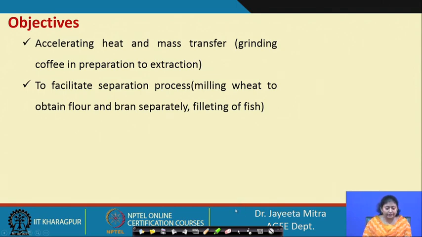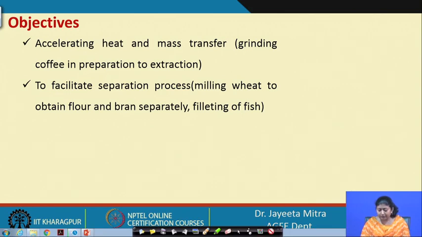When we grind a particle, for example, coffee bean, for extraction, we need a solvent and solid particles from which we want to extract the bioactive compounds.